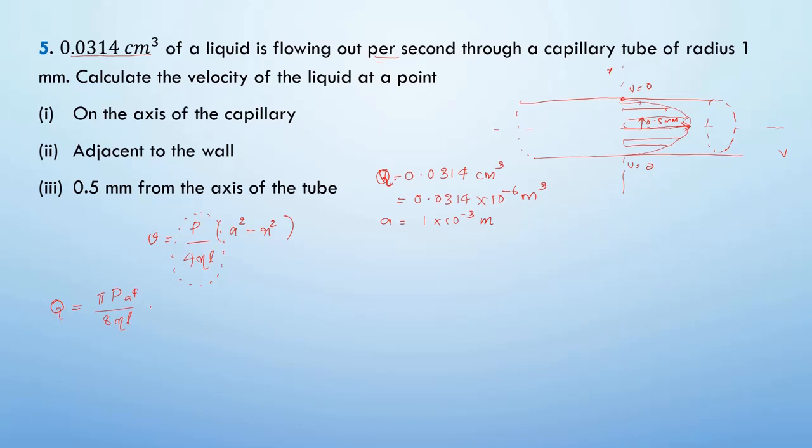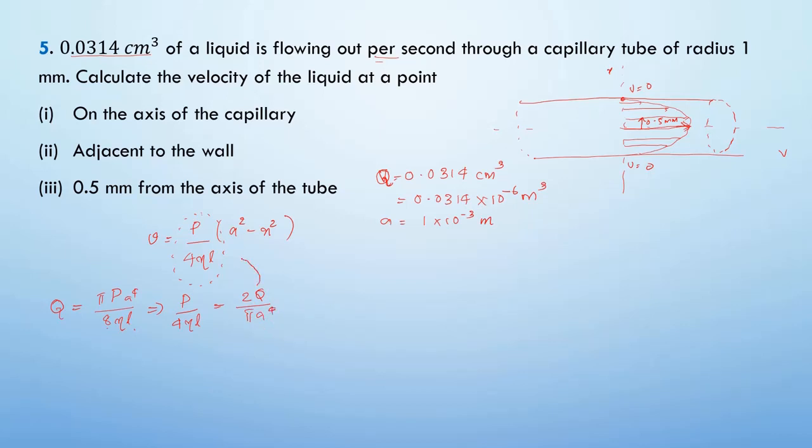From this equation, when I separate out P by 4 eta L, what I am left with is 2Q divided by pi a to the power 4.